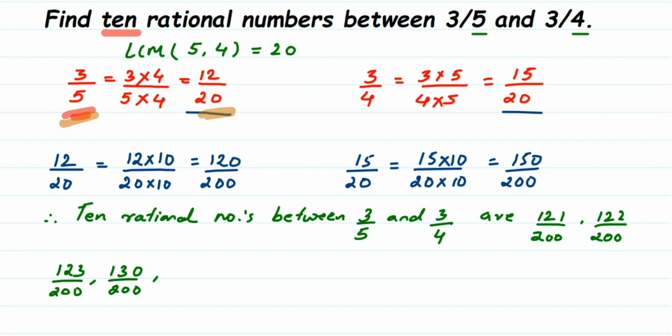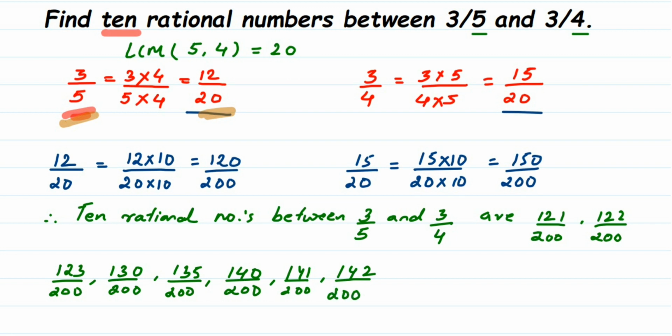You can take 135 by 200, and I'll take 140 by 200, 141 by 200, 142 by 200, and 145 by 200. I'm just taking random numbers here, and the last one I'll take 149 by 200. It's not like I'm taking a sequence. You can pick any 10 rational numbers. So that's it. We have got 10 rational numbers.